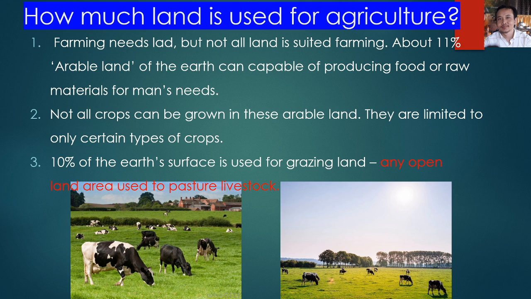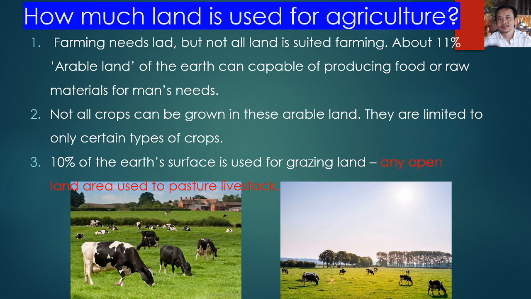It is estimated that another 10% of the Earth's surface is used for grazing lands. And what is grazing land here? Grazing lands are any open land area used to pasture livestock. These are the world's major pastoral grounds for the rearing of cattle, sheep, and other animals like goats, horses, and camels.